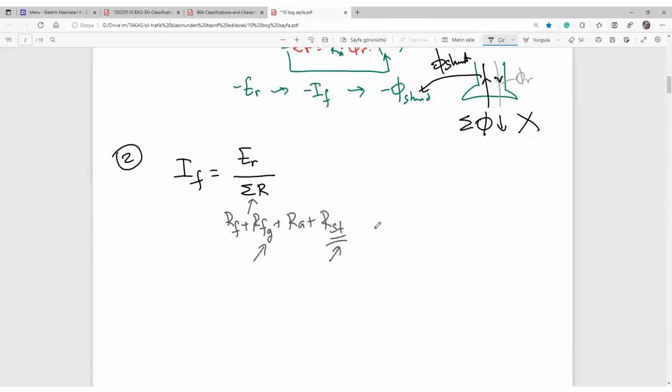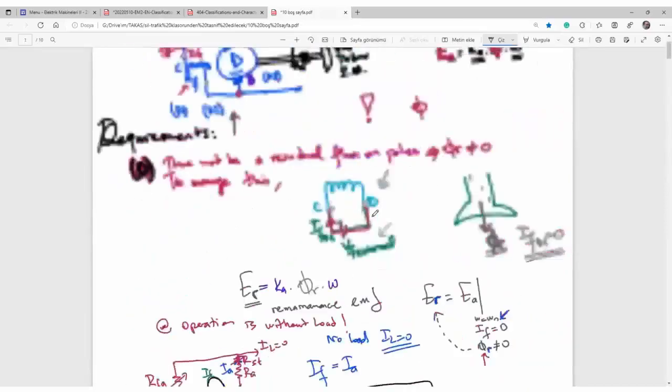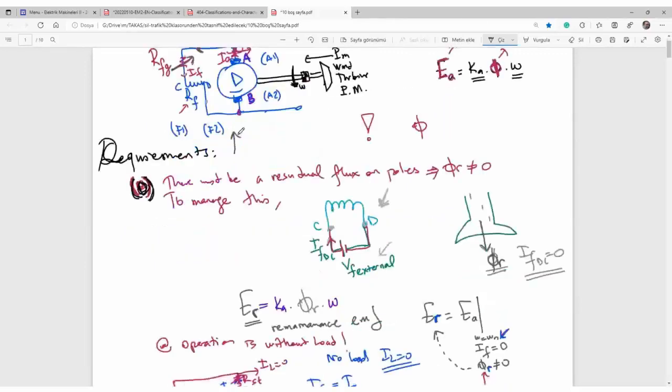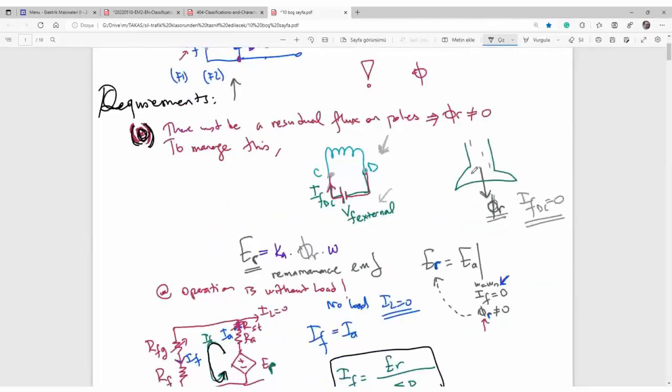Now, ladies and gentlemen, assume that I have added here a 100k ohm resistance. Here would be quite a tiny field current, and that field current perhaps will make no contribution here.